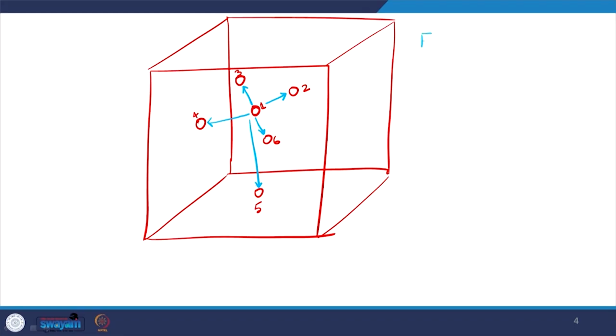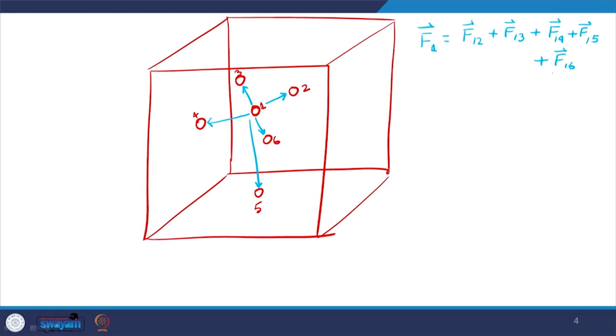Let us say I look at F of 1: that is going to be the force between 1 and 2, 1 and 3, 1 and 4, 1 and 5, and 1 and 6.